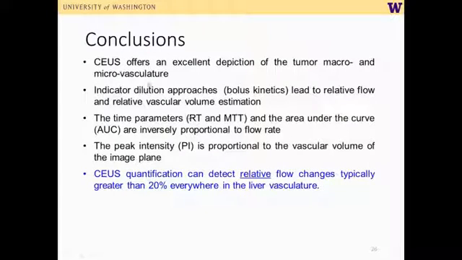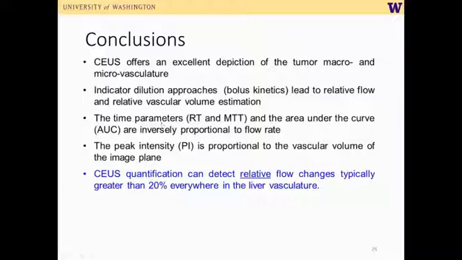So in closing, contrast-enhanced ultrasound offers an excellent depiction of the tumor macro and microvasculature, as we saw from the examples before. Indicator dilution technique, i.e. bolus kinetics, lead to relative flow and relative vascular volume estimation. So we can compare how things are changing from session to session, or we can compare how things are changing between the normal parenchyma and the tumor.